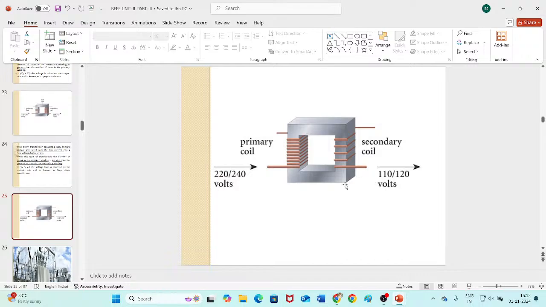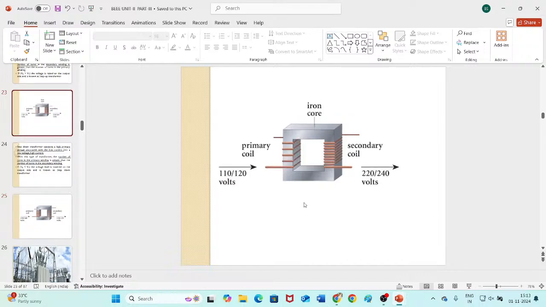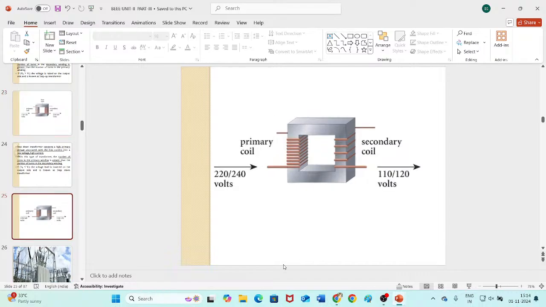This is a step down transformer. This is our step up transformer, and this is our step down transformer.